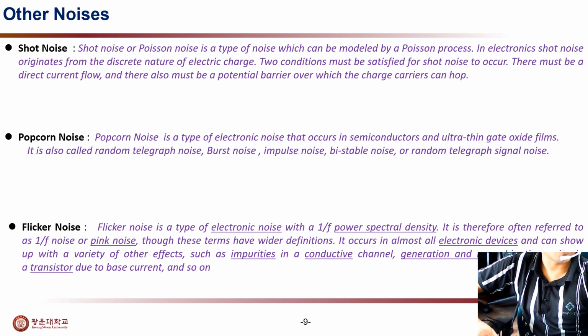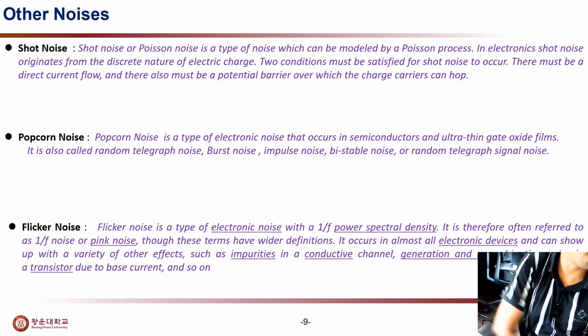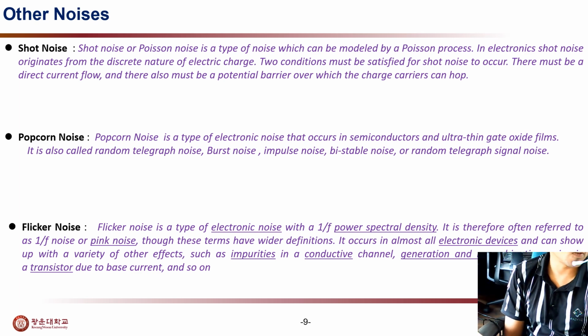In electronics, shot noise originates from the discrete nature of electric charge. Two conditions must be satisfied for shot noise to occur. There must be a direct current flow, and there also must be a potential barrier over which the charge carriers can hop.